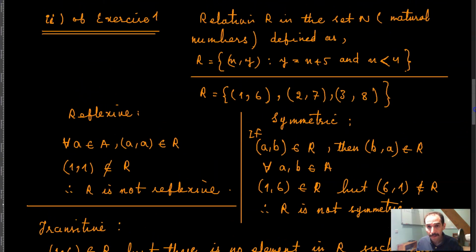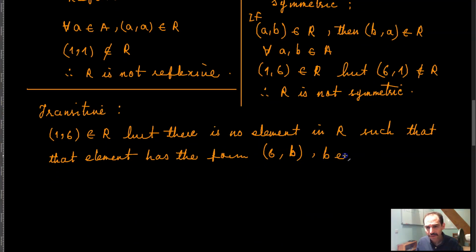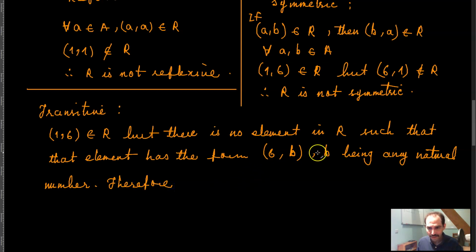Here, B is, for example, any natural number, from the set of natural numbers. Therefore, we said that 1, 6 does belong to R, but there is no element in R such that that element has the form 6, B, B being any natural number.